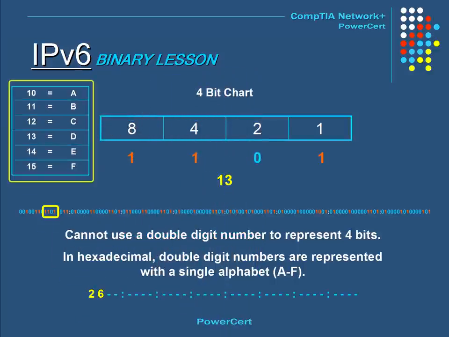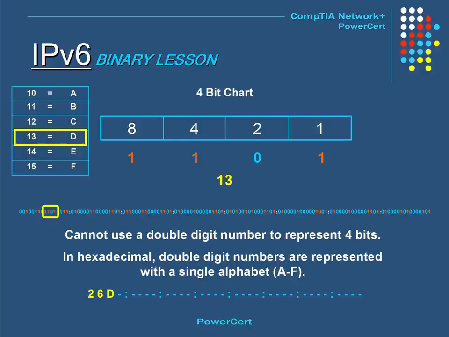So in this chart up here, if the sum was 10, then we would use the letter A. Or if the sum was 11, then we would use a B. But in this case, our sum is 13. So now for the third character in our binary number, we would put a D.